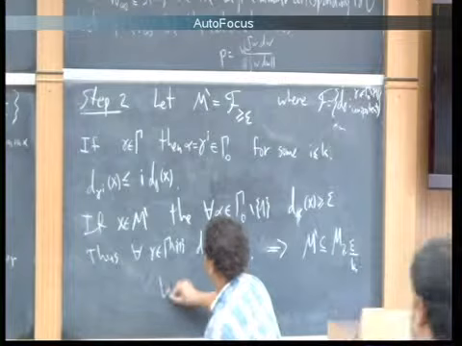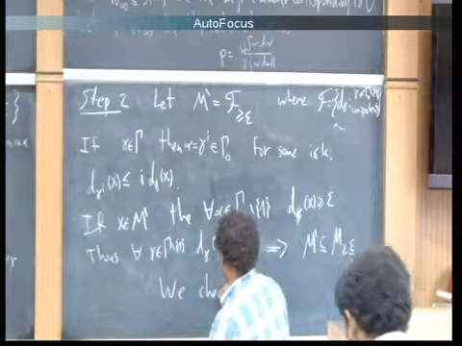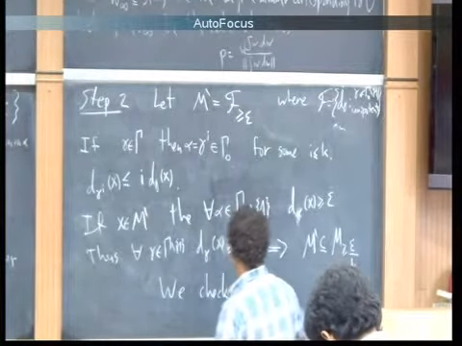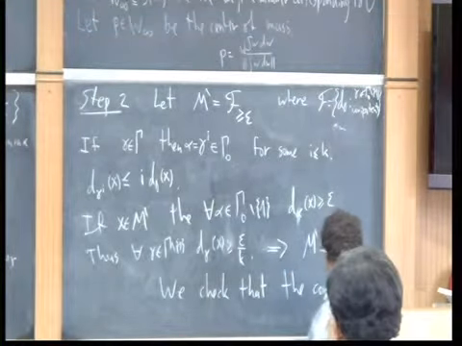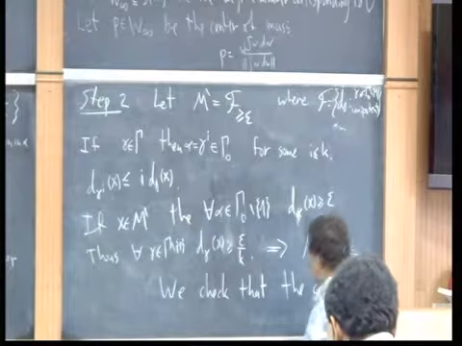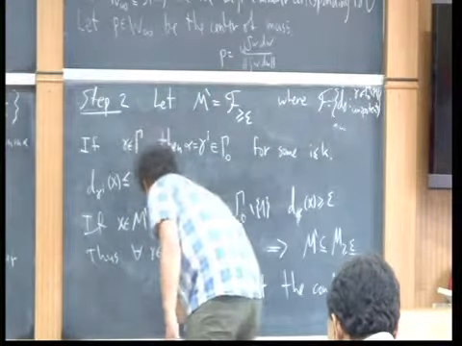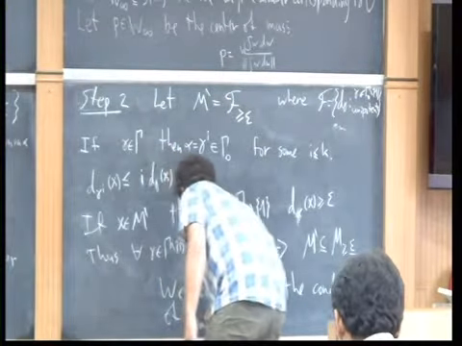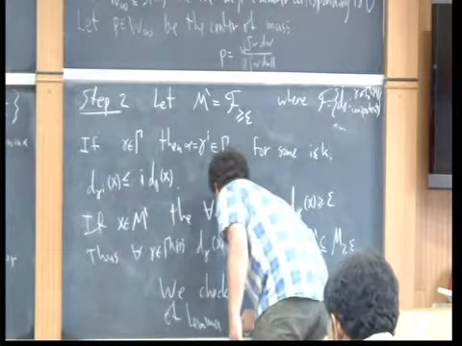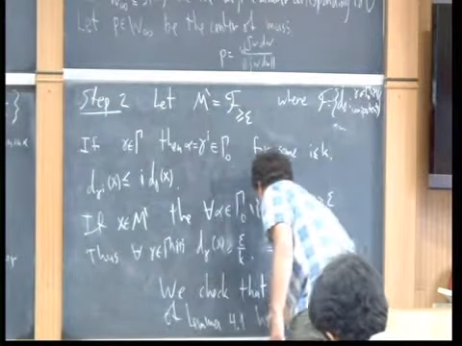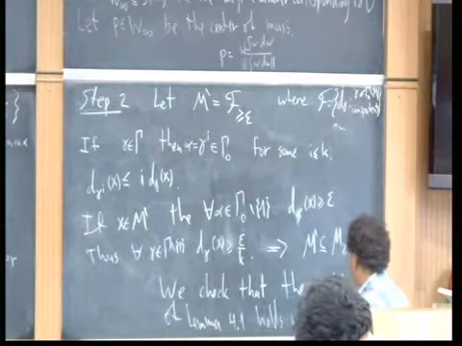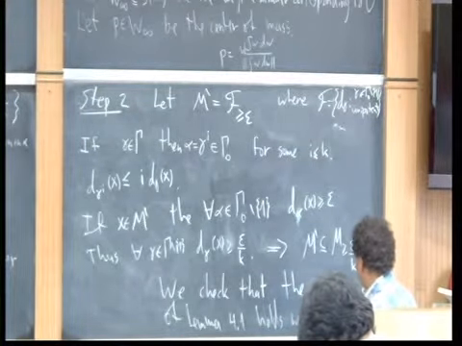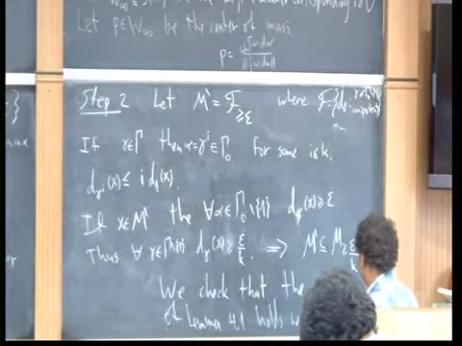We now check that the condition of the second lemma called for one holds with, let's say, epsilon 0 equal epsilon over k.